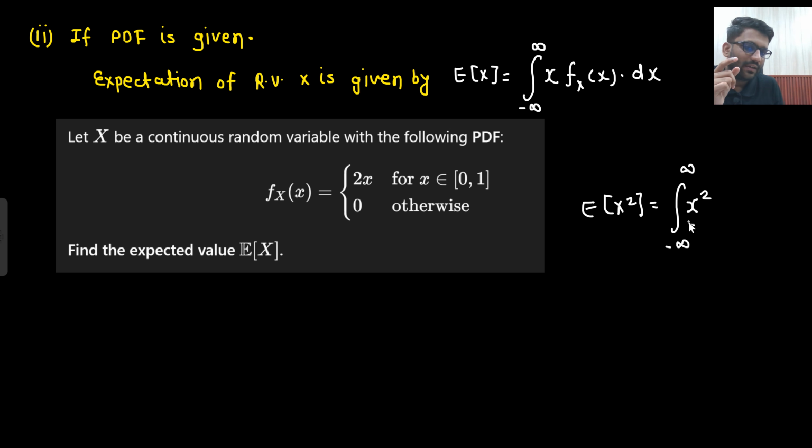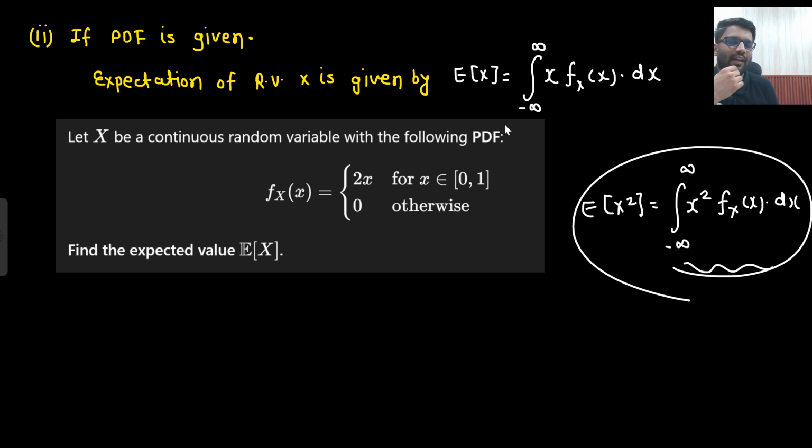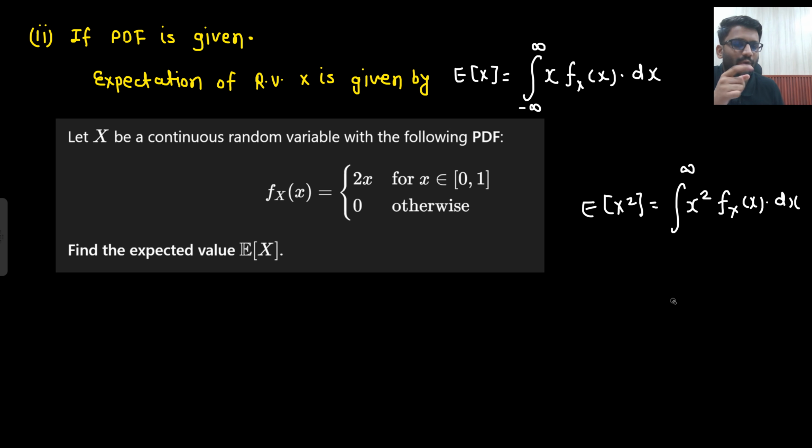Now this is a function of x. So what is the PDF of random variable X? That is f_X(x) dx. So this would be your expectation of x square. Now you are finding expectation of x. So expectation of x square would be this, and expectation of x is this. Are you able to understand this point? What is this E doing?